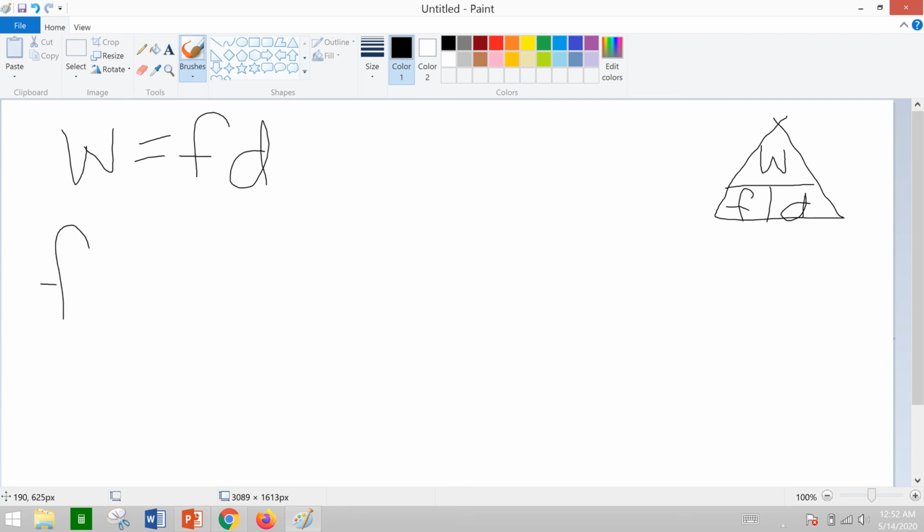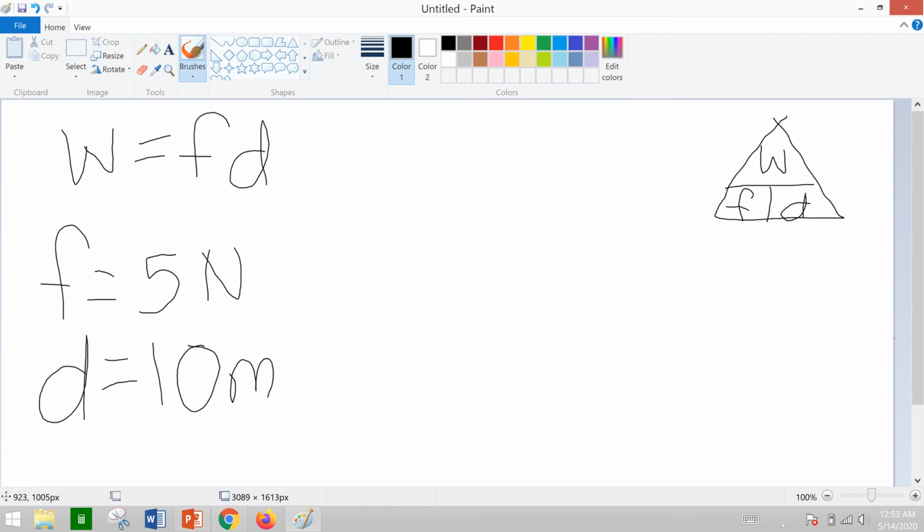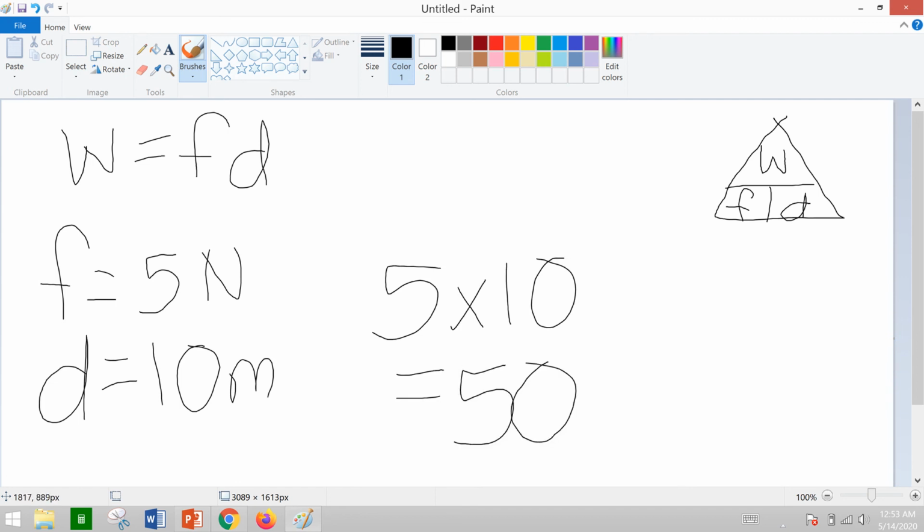Our force is 5 newtons and our distance is 10 meters. You simply have to multiply 5 times 10 and you will get 50 joules. Okay, so that is how you do these problems.